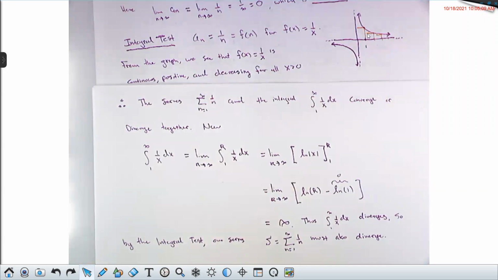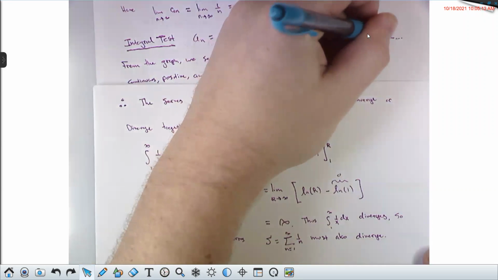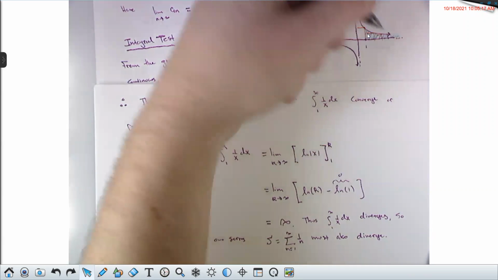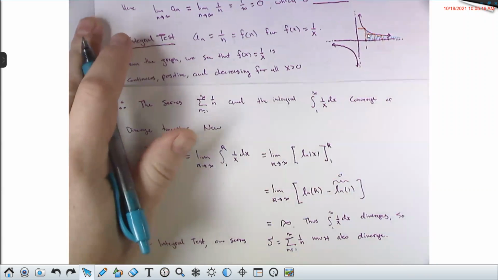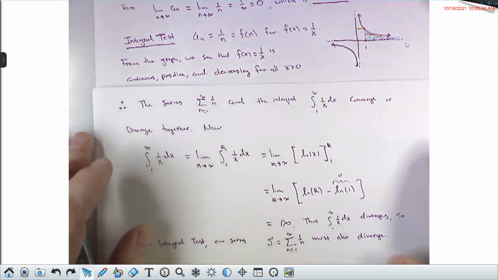The integral is measuring just the stuff to the right of 1. The integral is measuring like all of this blue area. So there's a little part of the series that isn't contained within that integral, but this little part of the series is just one number, so it's necessarily finite. So it's true that the rest of the series is contained within that integral. That is true.